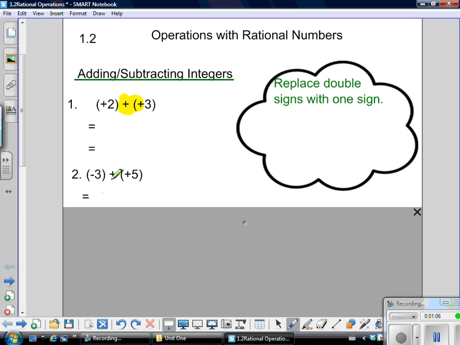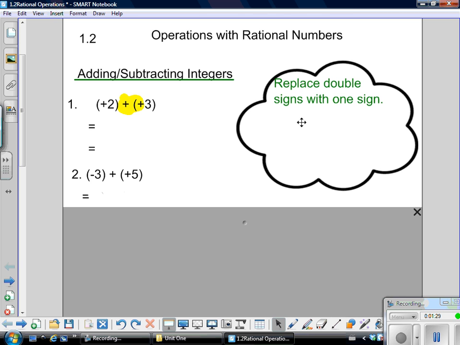Also, do I really need to put a plus 2 here to represent a positive 2? No, I don't. So at the beginning, I really don't need a bracket around this. I can just put the number 2. So I'm going to replace the double signs with one sign. But exactly what sign do I replace them with?